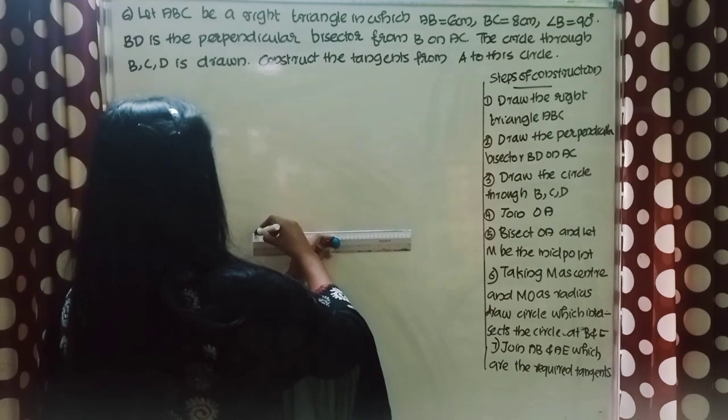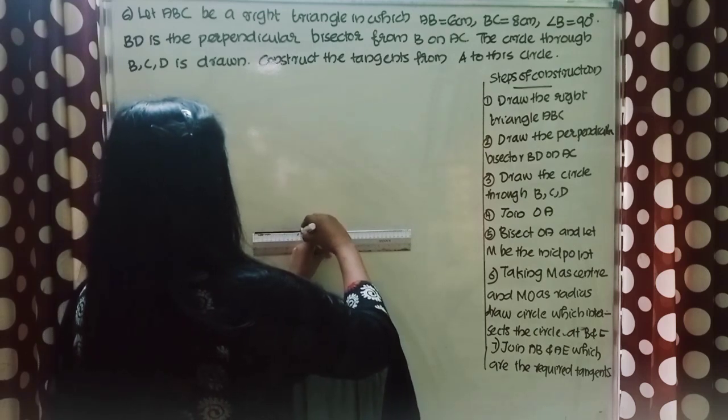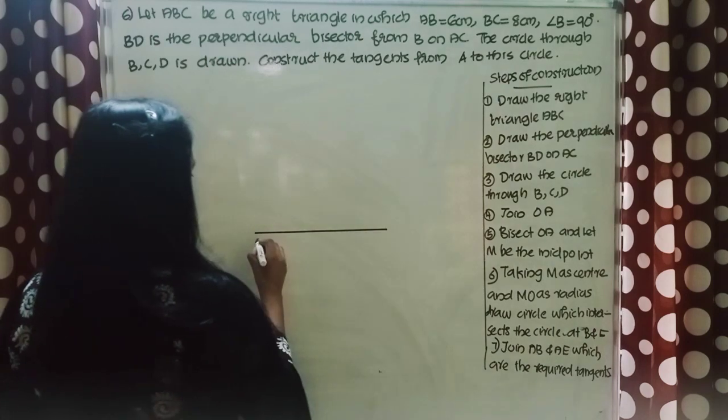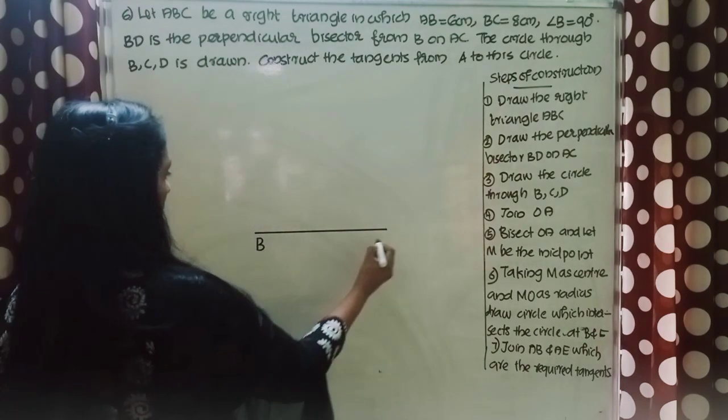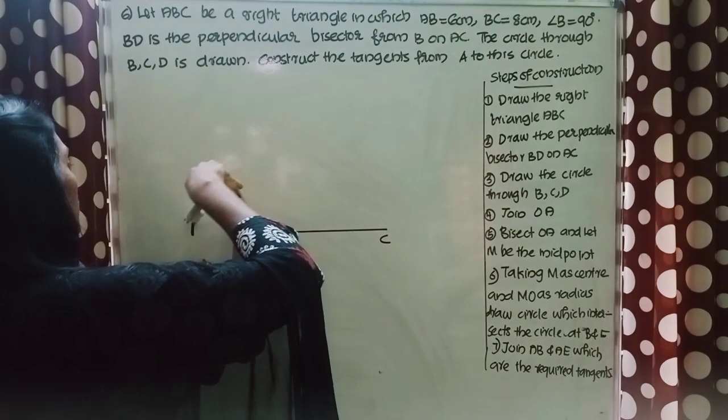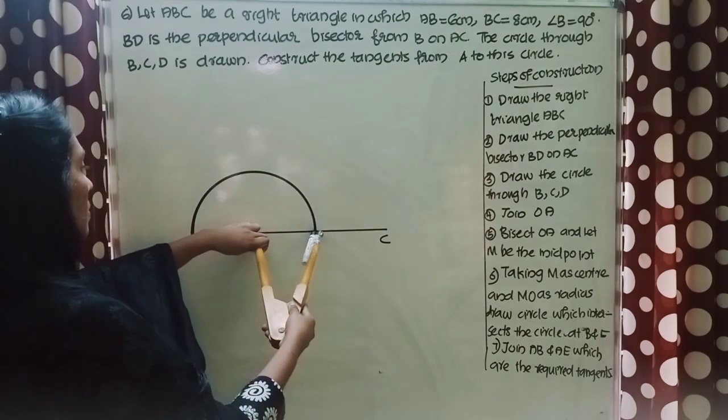First, let us make the right triangle ABC. For that, let us draw BC 8 cm. Now construct angle B 90 degree.